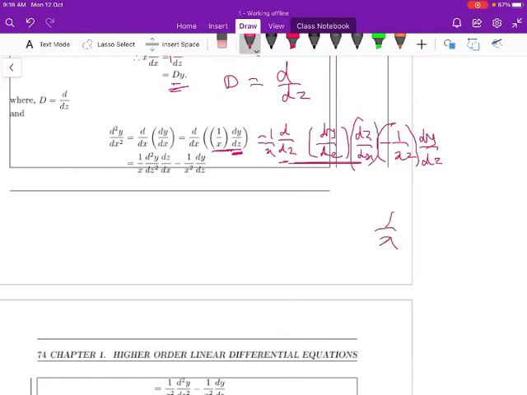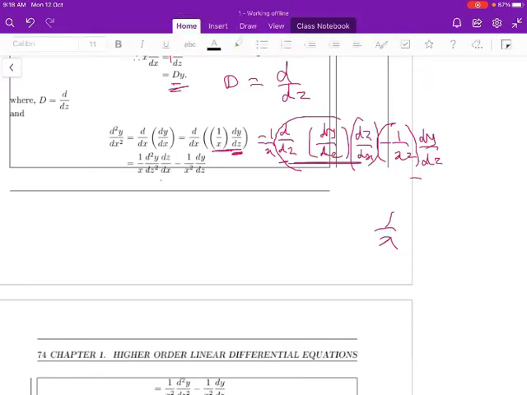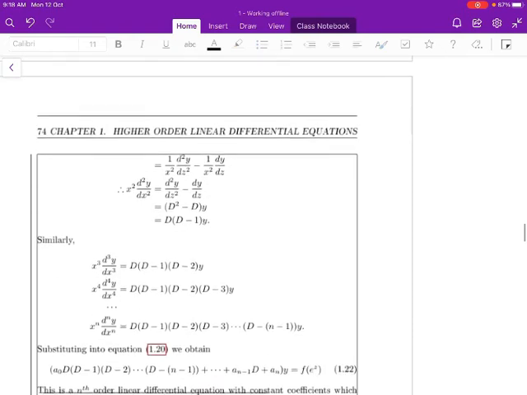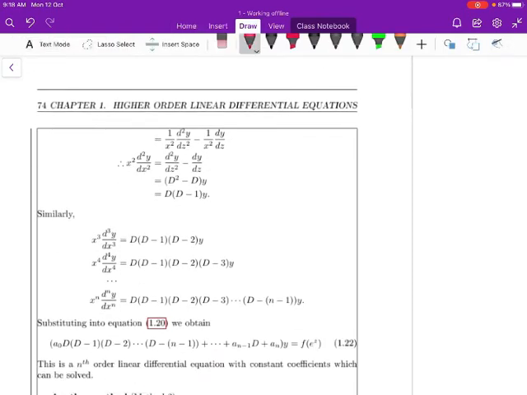Again dz by dx is 1 by x, so 1 by x into d square y by dz square into dz by dx, minus 1 by x square into dy by dx, as it is written. Dz by dx is 1 by x here, so 1 by x square into d square y by dz square minus 1 by x square into dy by dz.